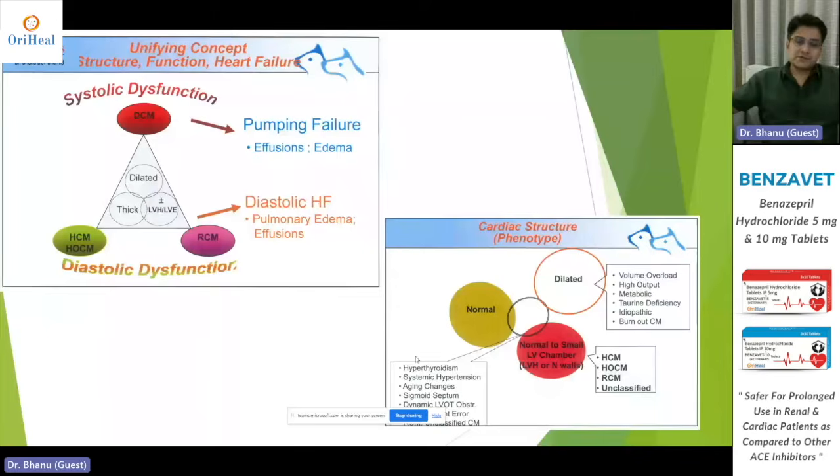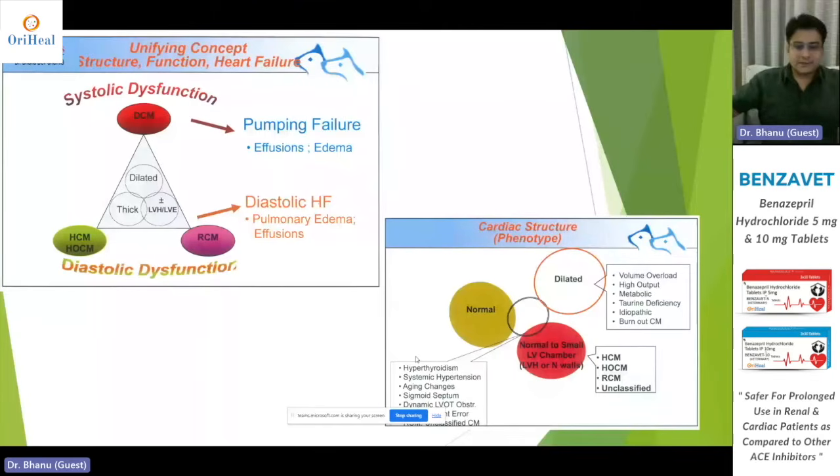In fact, in all cases of dilated cardiomyopathy in cats, if we have the option available of measuring taurine, we should, because taurine deficiency DCM is reversible, and with supplementation of taurine, it reverses and the prognosis is good. When the size of the left ventricle chamber is normal or small, we can suspect HCM, HOCM, RCM.